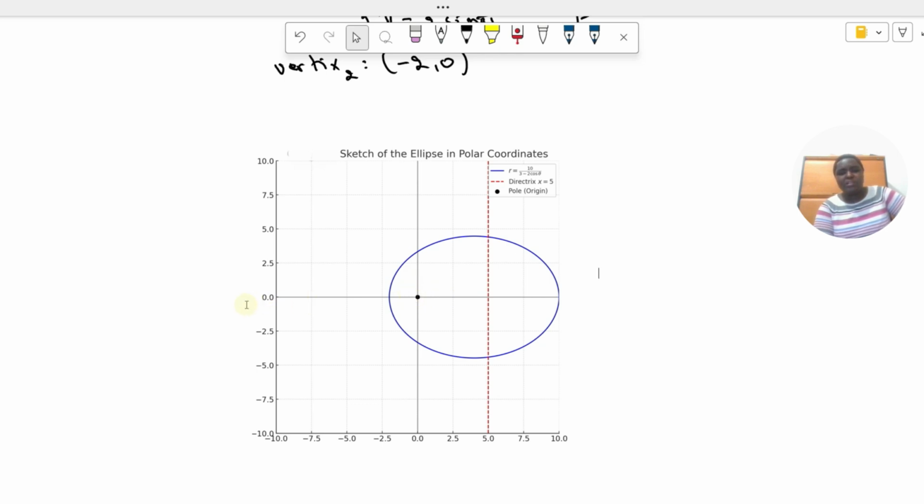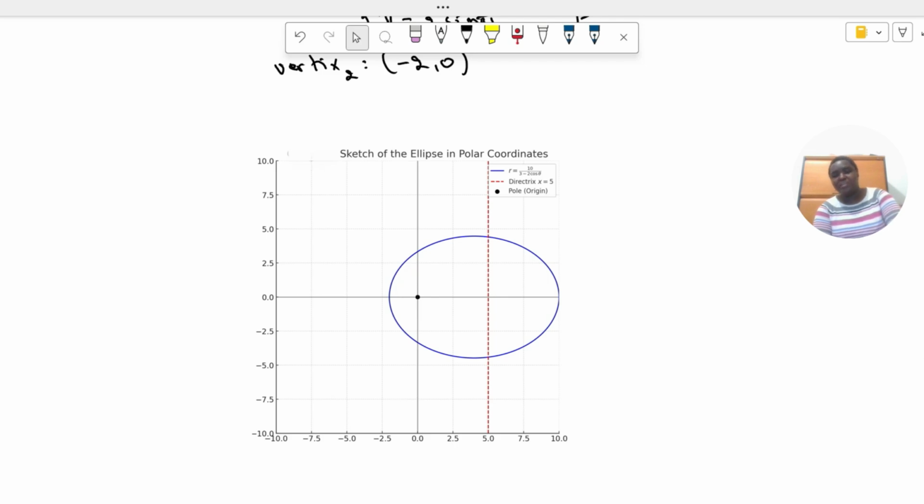This is the x-axis in Cartesian coordinates, and this one is the y-axis. This point here is at minus 2, 0, and this point here is 10, 0, the first vertex. So the ellipse will look like this, and that was it.